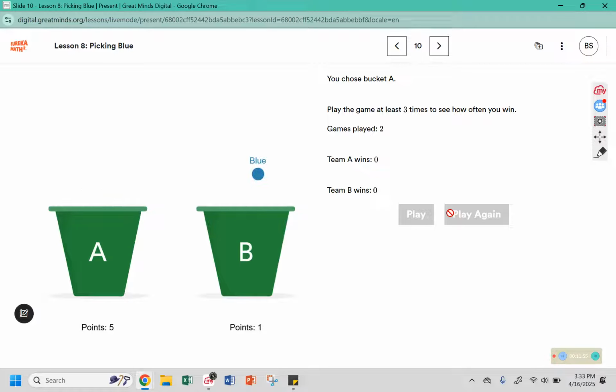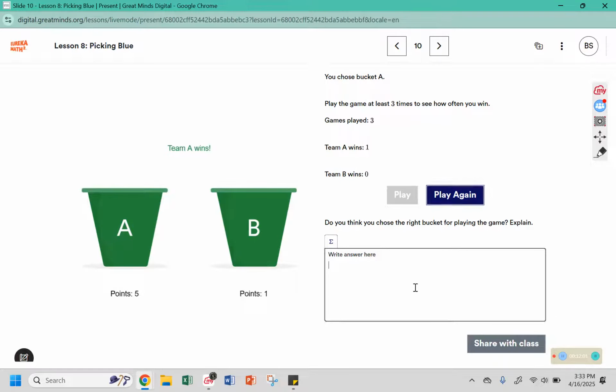In that one bucket A won. It says, do you think you chose the right bucket for playing the game? I do, but let's continue to play since it says at least 3 times to see if that pattern continues.